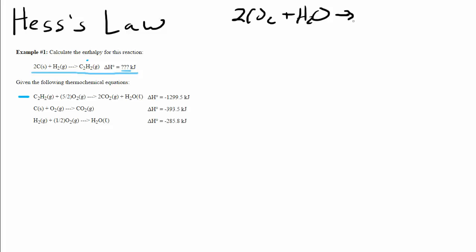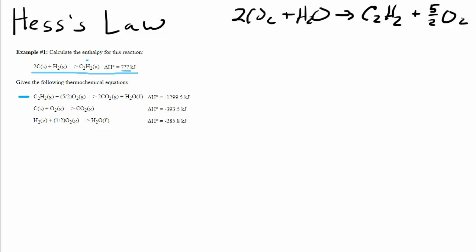What I'm basically doing is flipping these because I need C2H2 to be a product. In the reaction as it's given, it's a reactant, but in the reaction that we care about, it is a product, so they have to match. Hopefully that makes sense. And then we've got the 5/2 of O2.